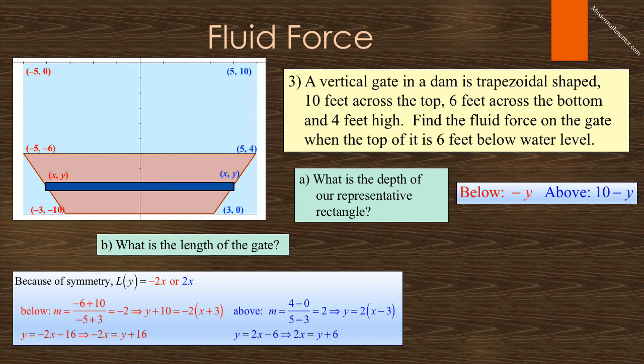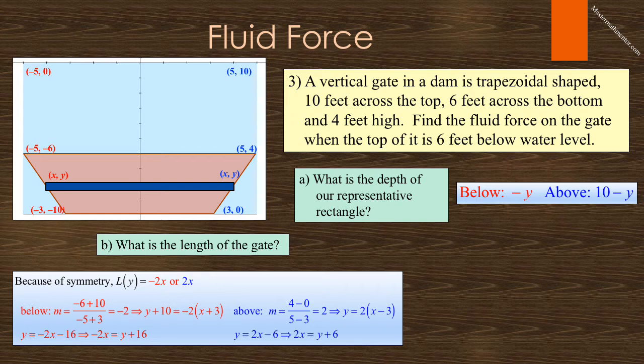We use negative 2x if we use our red points where the gate is below the x-axis, and we use the blue points if our gate is above the x-axis. In either case, we need the equation of the lines connecting the points.